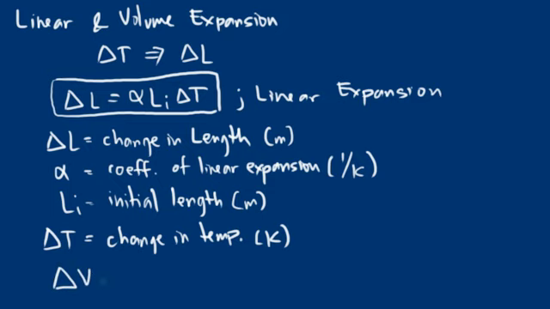Delta V, change in volume, is equal to beta, the coefficient for volume expansion, times the initial volume V sub I times delta T. So this is for volume expansion.